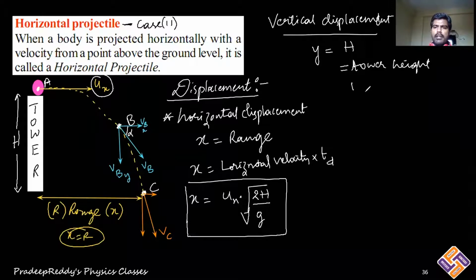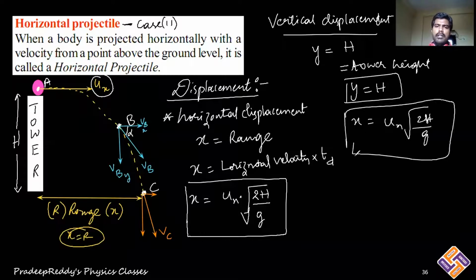Therefore, vertically y is equal to h, and horizontally x is equal to ux under root 2h divided by g. This is the horizontal length traveled and vertical length traveled by the body.